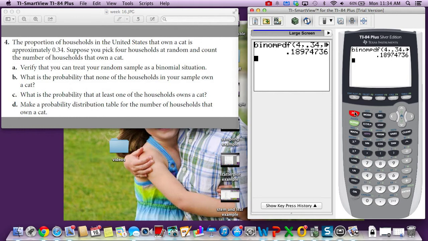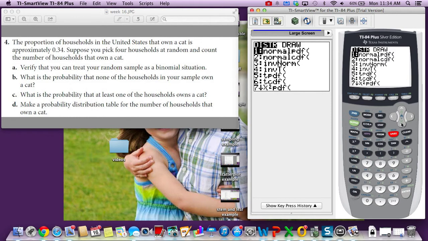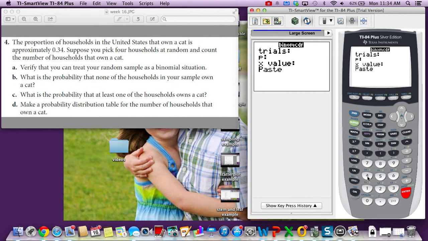Okay, now C says, what is the probability that at least one of the households owns a cat? So now we're going to go to distribution. When we're looking at least one, so we're looking at a range, we're going to want a CDF. We're again going to binomial, but we want CDF this time. Our trials again are 4. Our p-value is 0.34, and now it's looking for the x value.